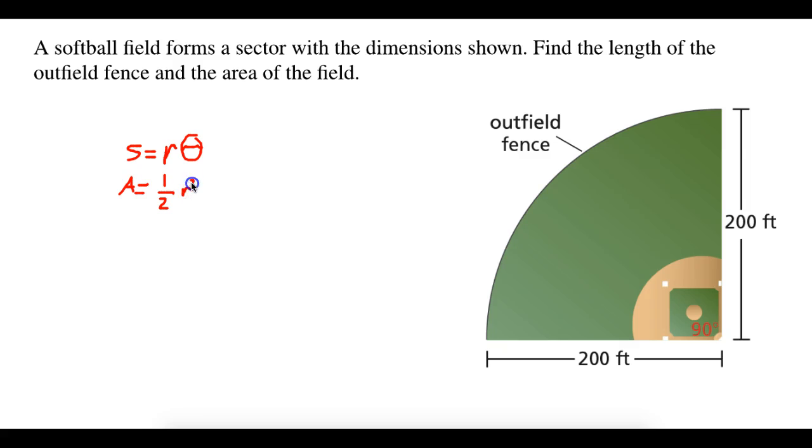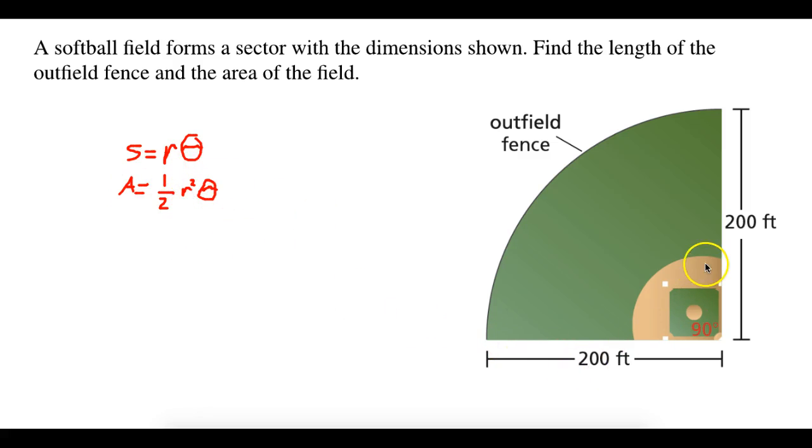The nice thing is that we just have these two equations that are going to tell us the length of the outfield fence and the area. The outfield fence is our arc length, and the area is going to be this formula right here.